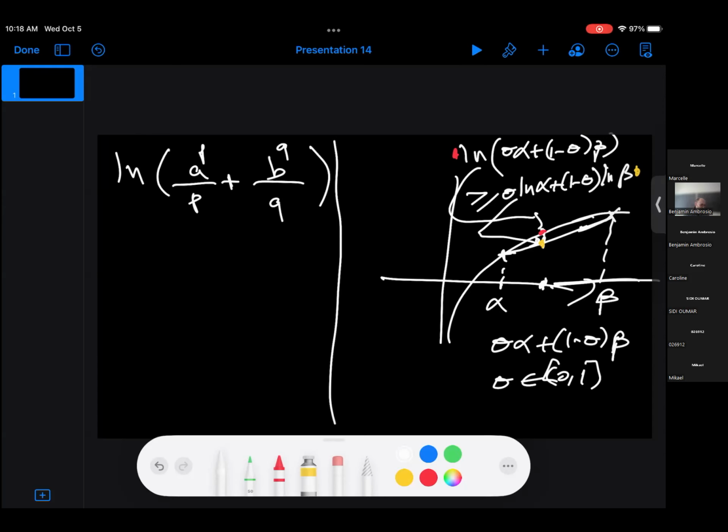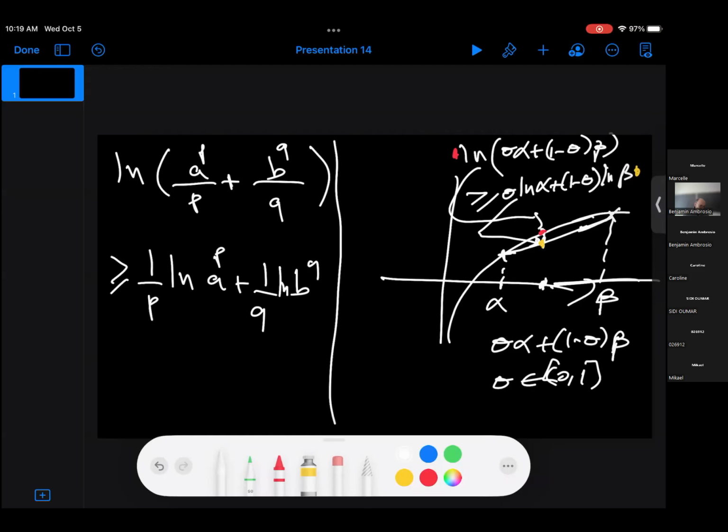And I claim that this is greater than 1 divided by p log of a to the p plus 1 divided by q log of b to the q. So why can I do that?